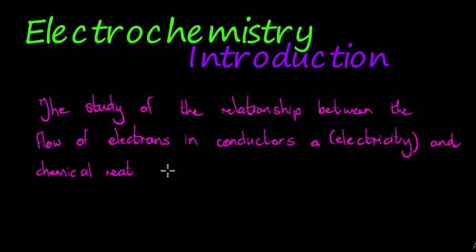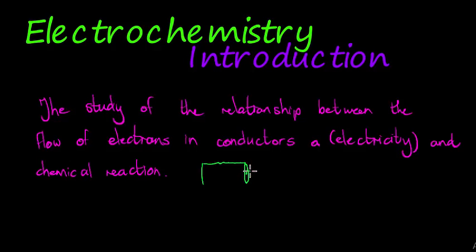What you'll find is that chemical reactions can cause a flow of electrons. For example, a battery is a good example. It's actually called a cell.